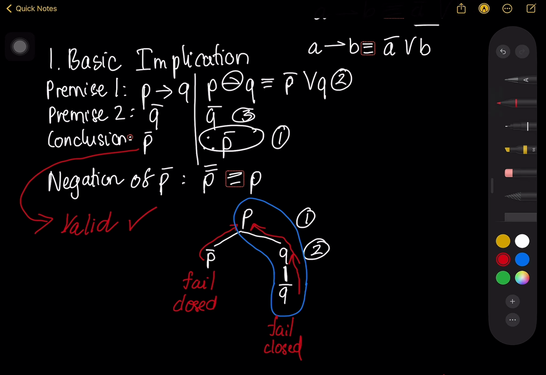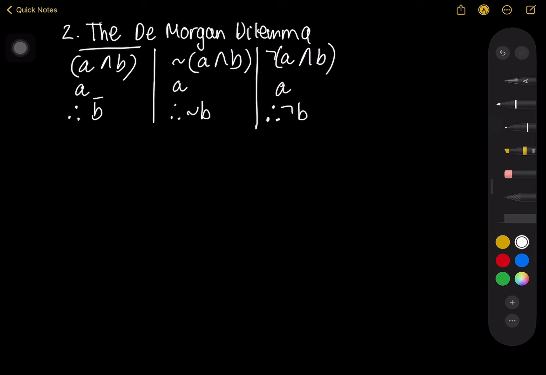All right. Let's move to the second problem, which is the De Morgan dilemma. So in this one, we have the negation of A and B as our first premise.